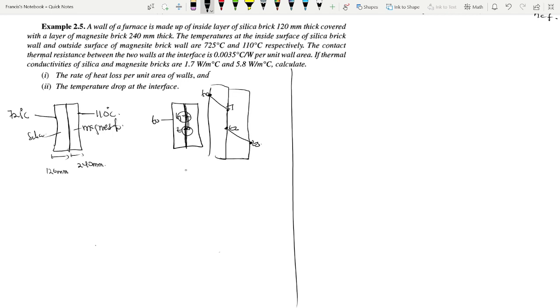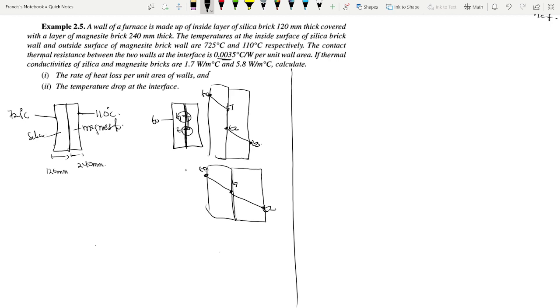So this is the idea. But if there is no temperature drop, then from T naught to T1 there is a temperature drop, and from T1 to T2 there is a drop, and it means that at the interface there is no temperature drop. But here, the question says that there is a contact thermal resistance between the two walls at the interface.